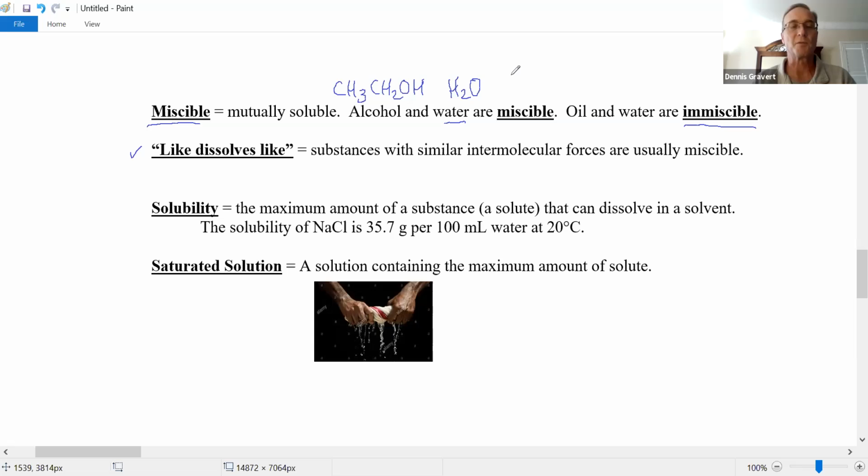And then there's the chemical formula of water, but more importantly, there's an OH group that can hydrogen bond, and there's an OH group that also can hydrogen bond. So both alcohol and water are capable of hydrogen bonding, one of the strongest intermolecular forces. And since they are alike, they both can hydrogen bond, we predict that they should dissolve in each other. We predict that they are miscible.